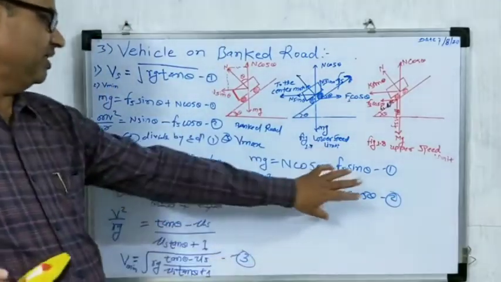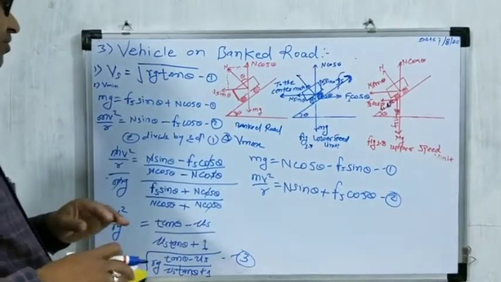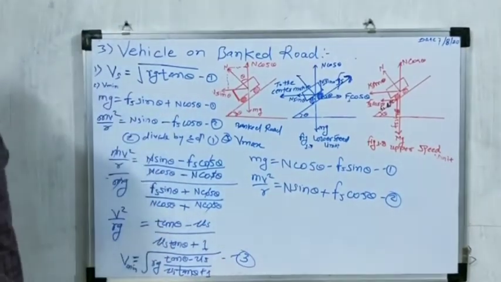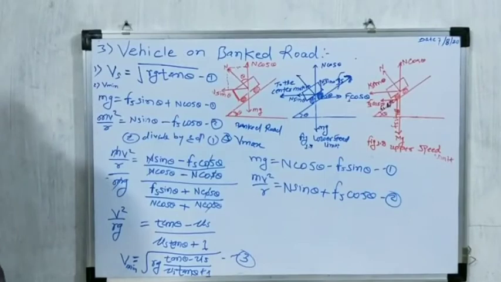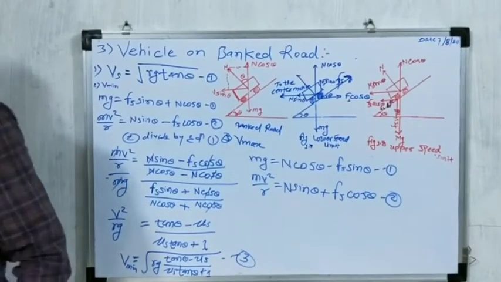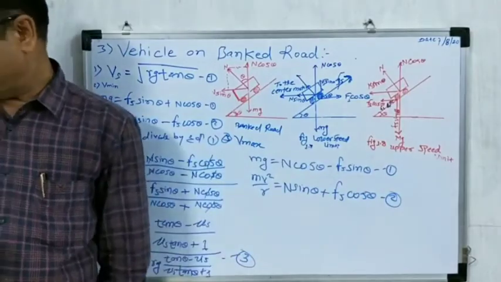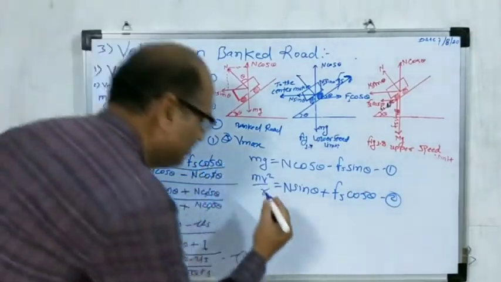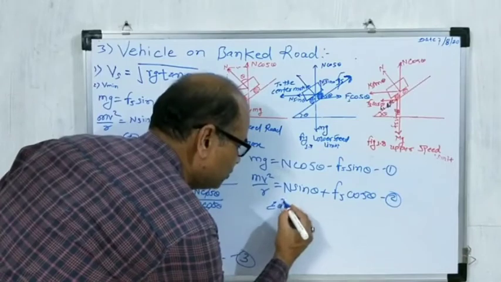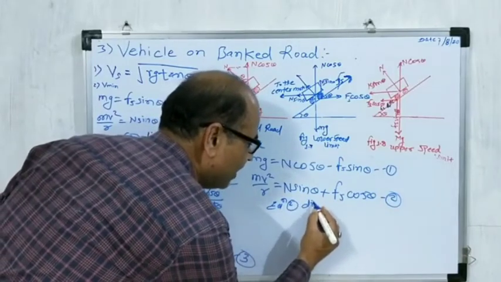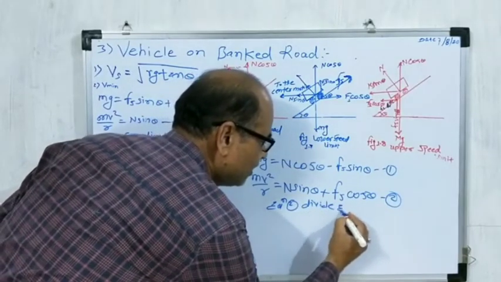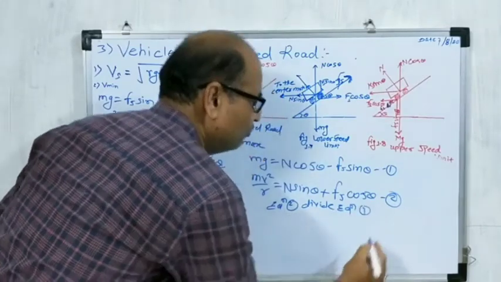Therefore, dividing equation 2 by equation 1, the maximum velocity should be determined.